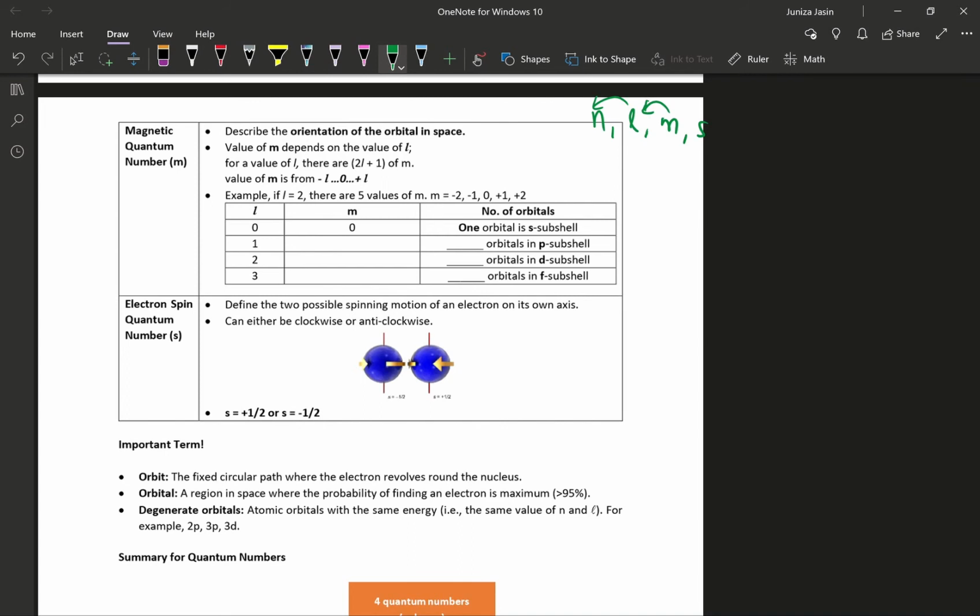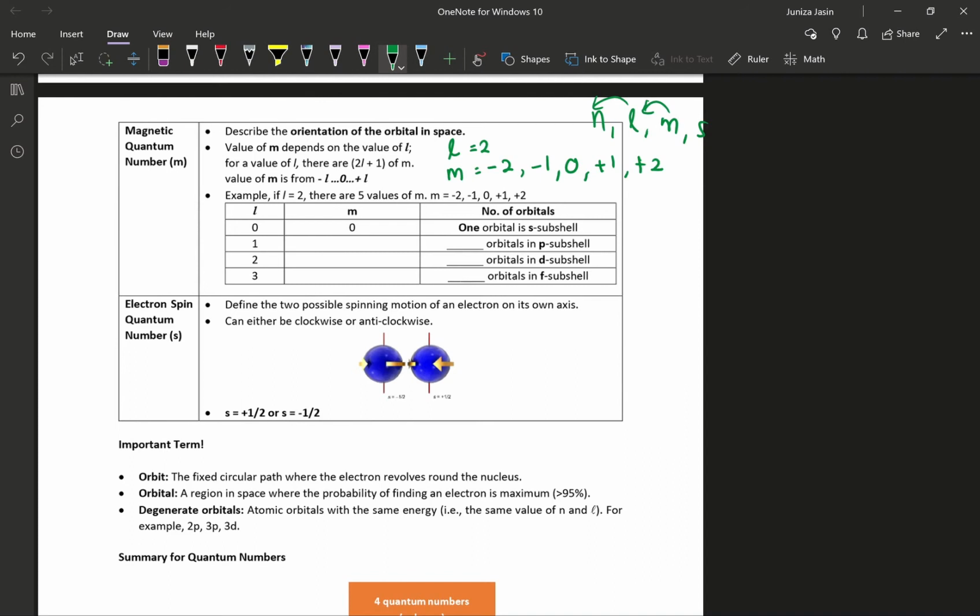For example, here saya bagi kamu example L equal to 2. So, m saya start dari negative L. Nilai L saya 2, so jadi negatif 2. Pergi ke 0. After negative 2 is negative 1 and then 0. Lepas tu sampai positive L, that means sampai positive 2. So, positive 1, positive 2. Okay.